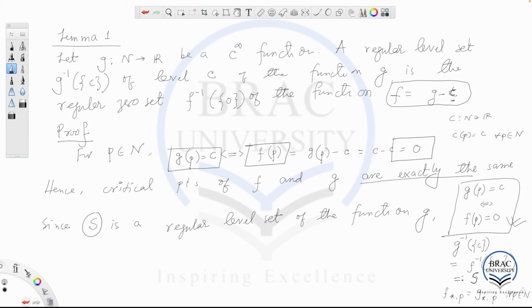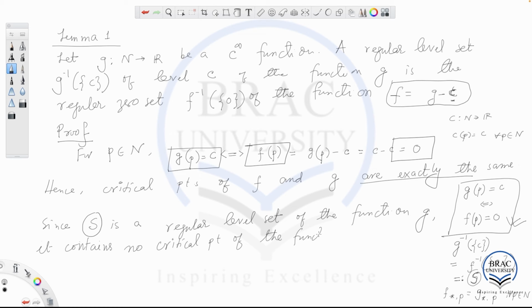Okay. Now, since S is a regular level set of the function G, S is defined this way, it contains no critical point of the function g.